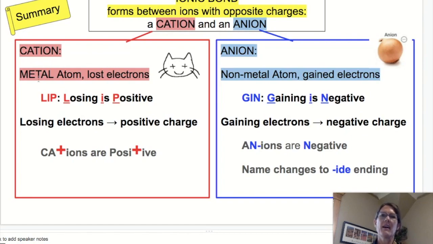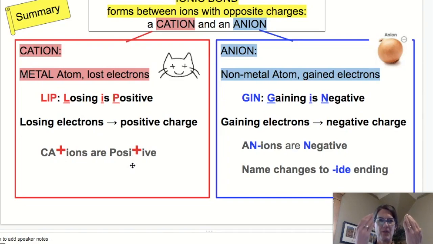Cations are always metals that have lost electrons. Here's another memory tool. LIP, L-I-P, spells lip. Losing is positive. Losing electrons leads to a positive charge. And so that means cations are positive.